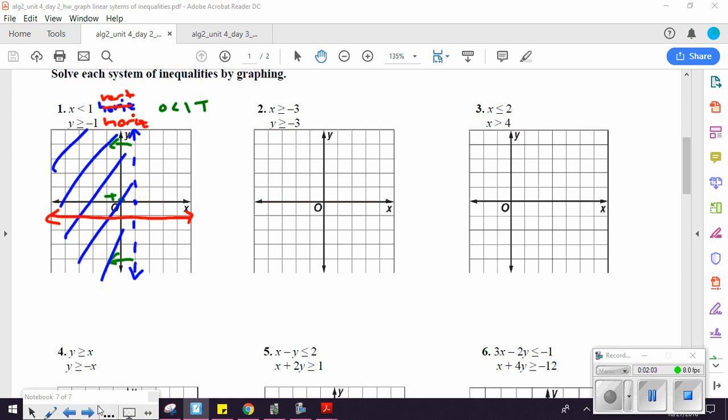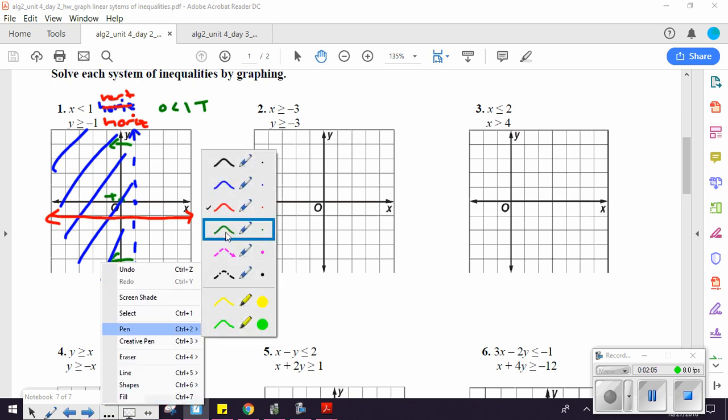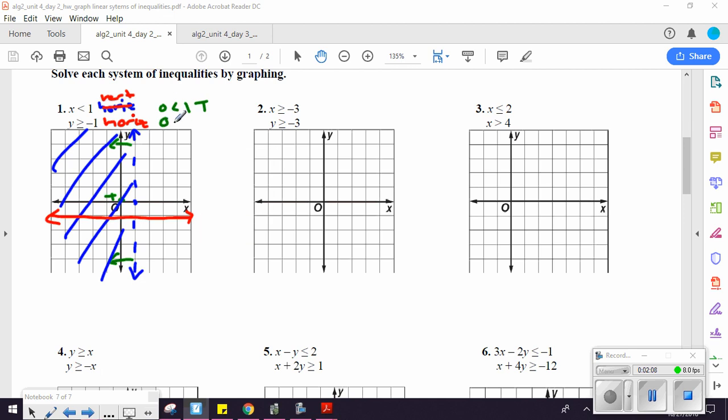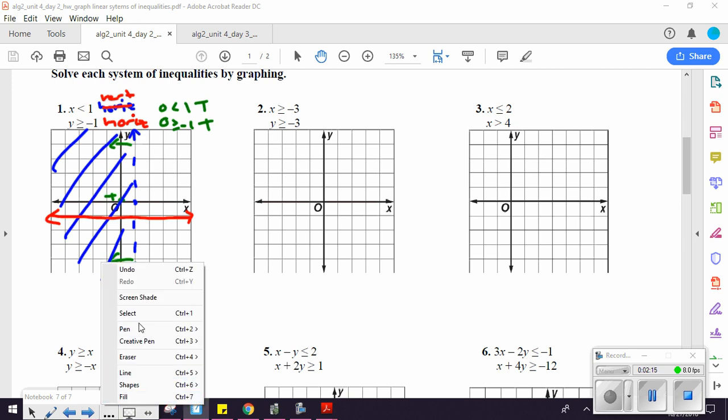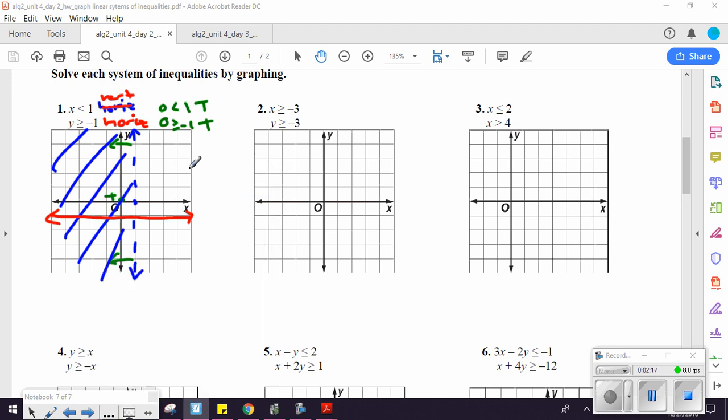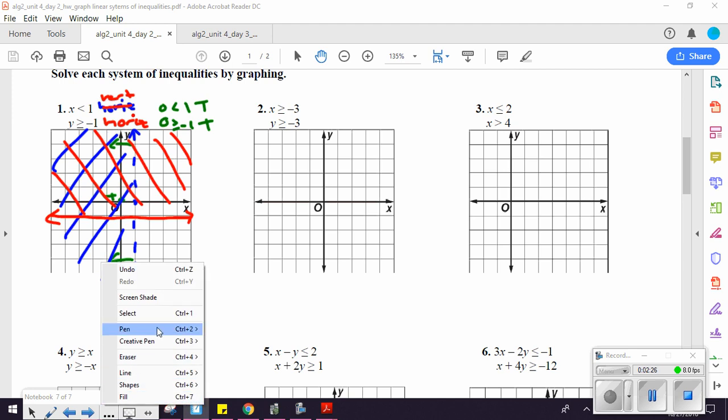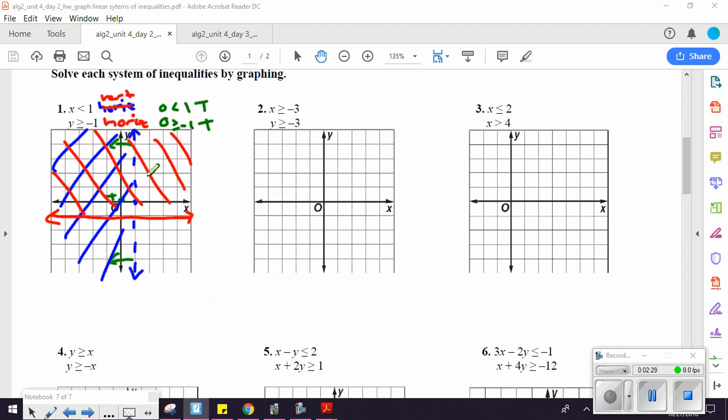When I substitute 0 into the equation for y, I would have 0 greater than or equal to negative 1. That is very true. So that means I would shade above the red line where 0, 0 is. So the solution to the system is this region here where both shadings overlap.